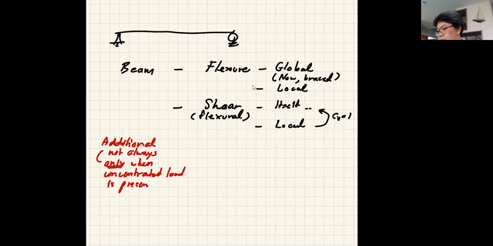Okay, so when your beam has to carry what we call the concentrated load, or what you know as point load, there may be some additional possible failures that you need to consider. Okay, so with that said, we call that local failure.